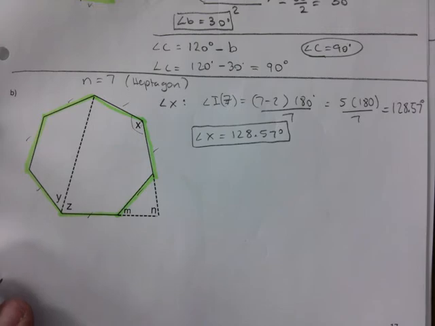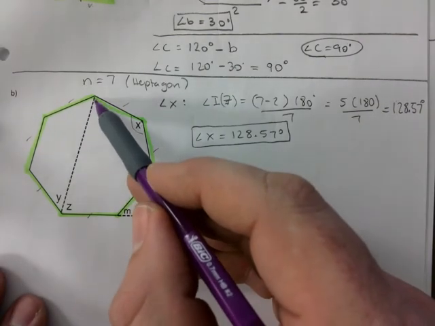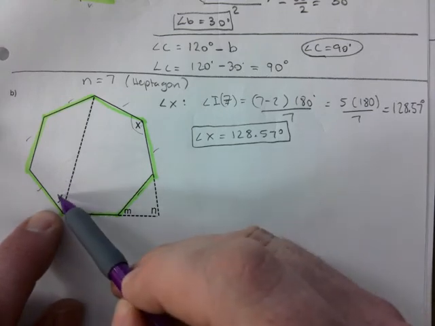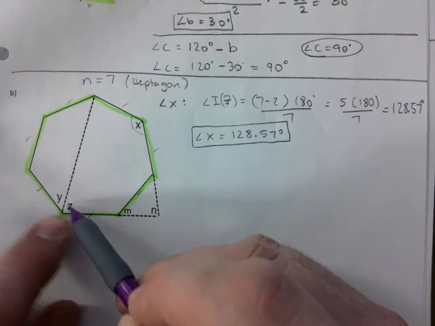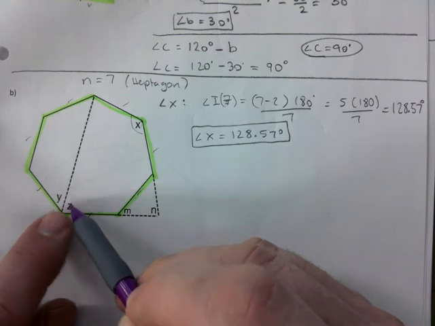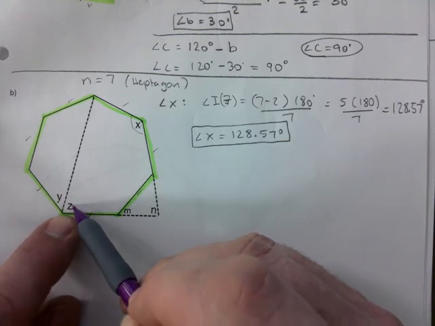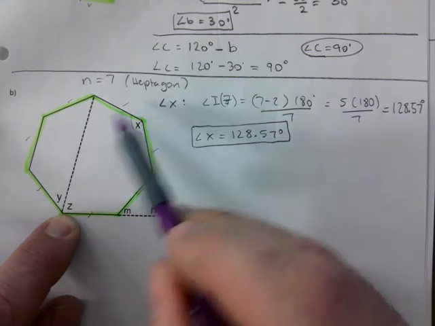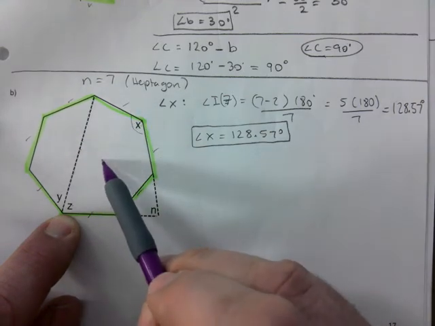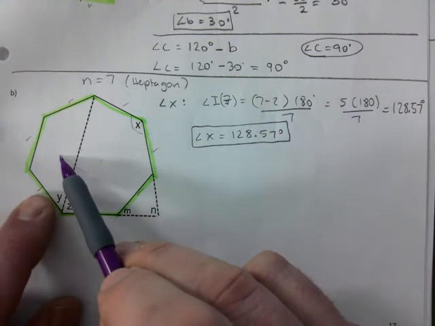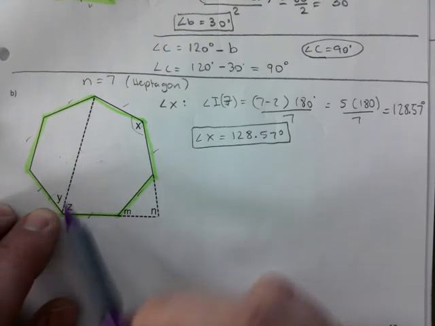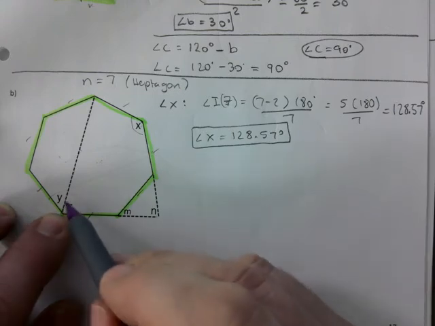So now I'm going to focus on the diagonal, and there's angle Y and there's angle Z. Which one would be easier to find? To me, they're actually about the same. But on this side, you have 1, 2, 3, 4, 5. It's a pentagon. On this side, you have a trapezoid. So I think I'm going to start, for illustration purposes, with this one.